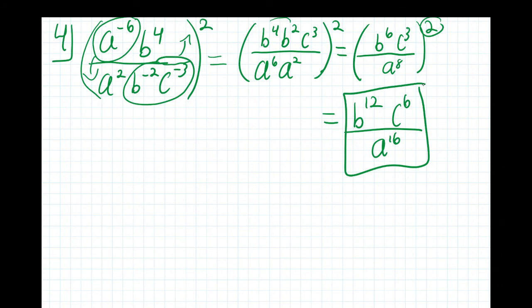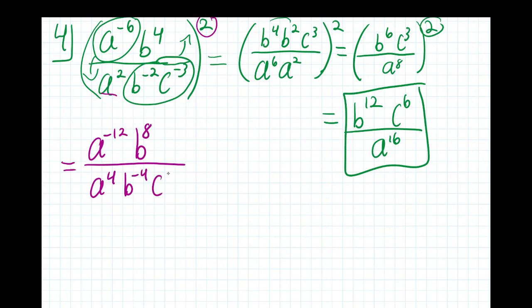Another way you could have done it is just by simply multiplying everything by a power of 2 first. So that means you would have gotten a to the negative 6th times 2, a to the negative 12th, we get b to the 8th, a to the 2nd times 2 becomes a to the 4th, b to the negative 4th, and then c to the negative 6th.